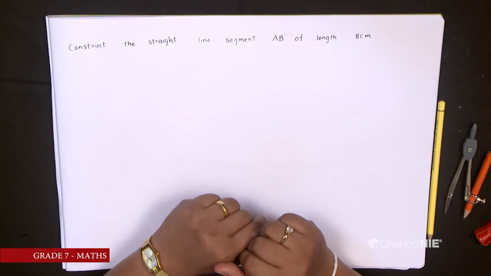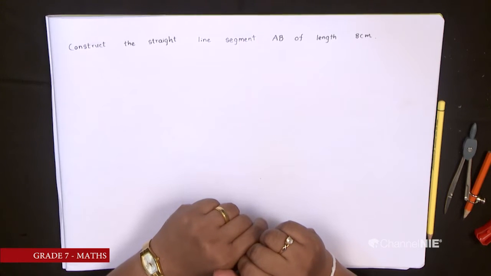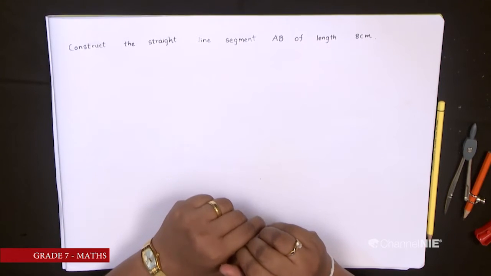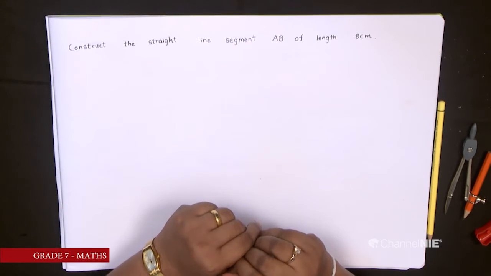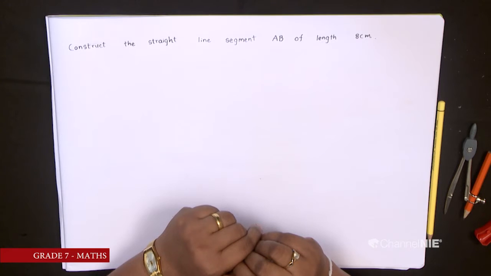In constructions, the first thing we have to do is draw a rough sketch of the figure that you are going to draw. So, we will draw a rough sketch of the figure as the first step. So, here we have to construct the straight line segment AB of length 8 centimeters.